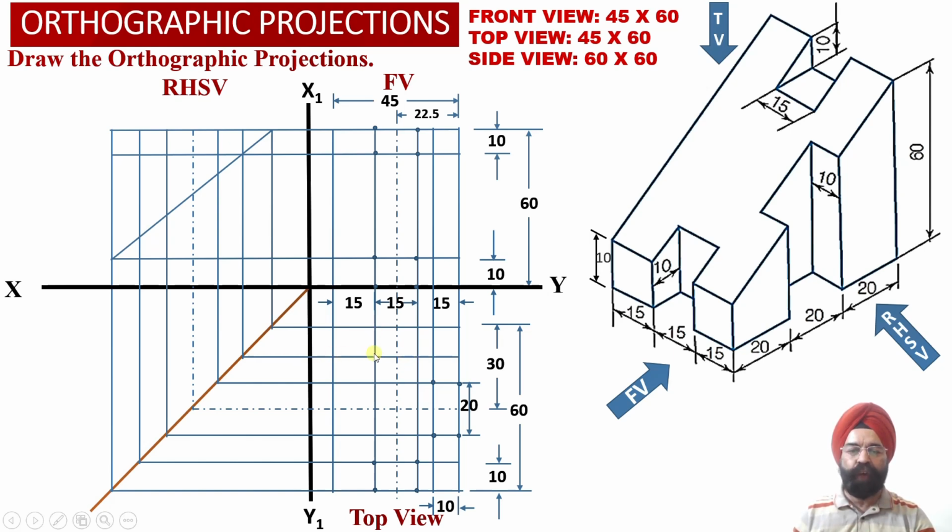So this way we have been able to obtain 4 points corresponding to the top view projections of this horizontal surface onto the top view orthographic projections over here.